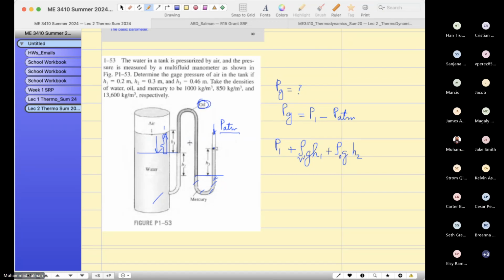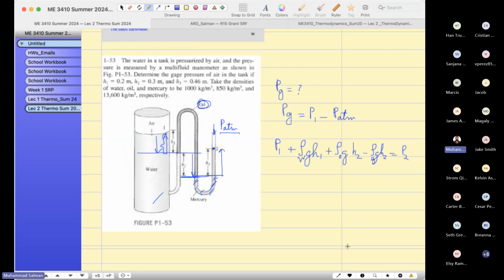For oil, you have to draw a line to subtract the even portion, but then you have to see the extra head which is going downward to reach the next fluid. So therefore you added rho GH2, and you have to draw a line for the mercury to find out the extra head, which is H3, and this is reaching the level 2, and negative sign rho GH3 for mercury equals to P2.